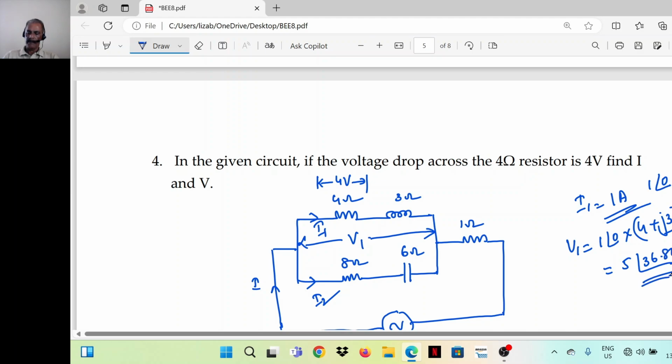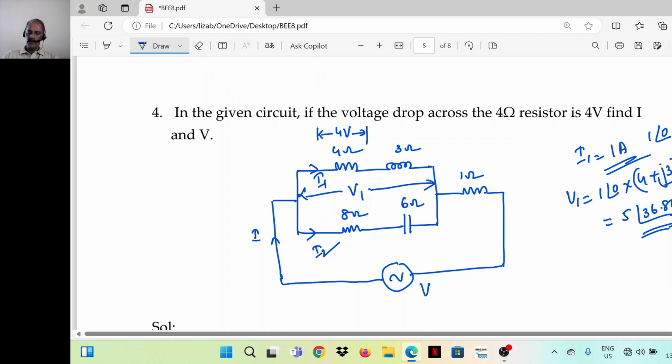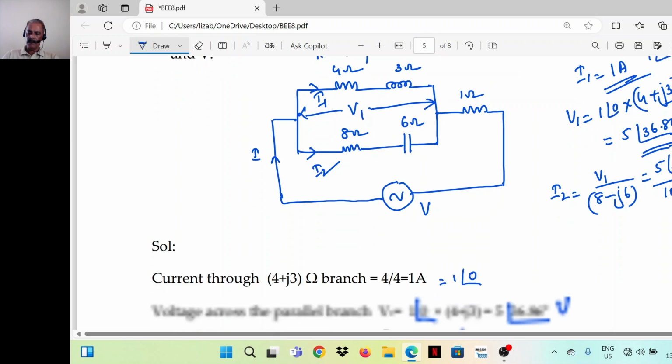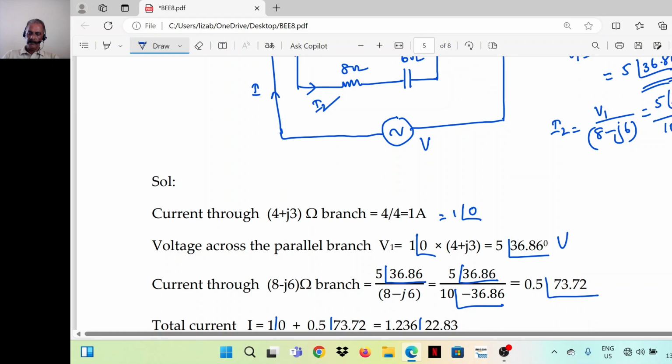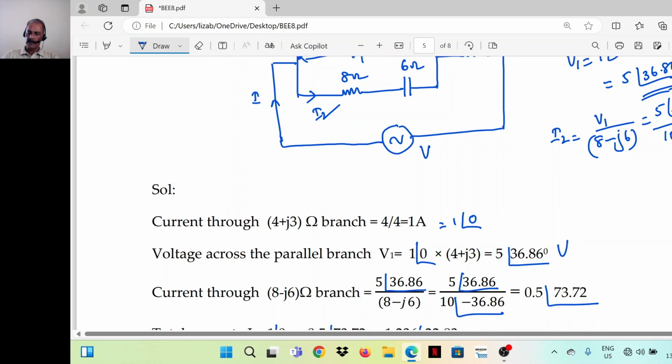That is V1. So we know V1, so we can find out I2. I2 is V1 divided by 8 minus J6, which is 5 angle 36.86 divided by 10 angle minus 36.86.